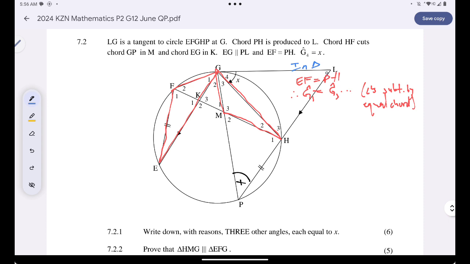In triangle HMG and triangle EFG, let me write them like this.